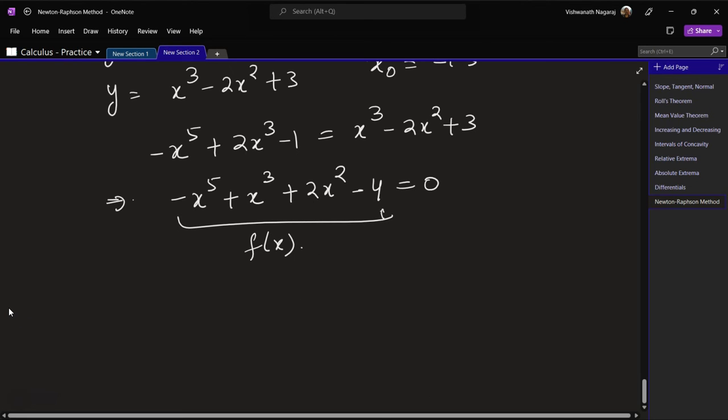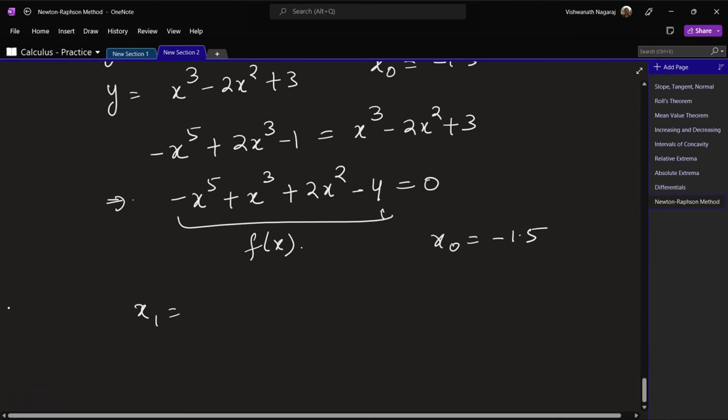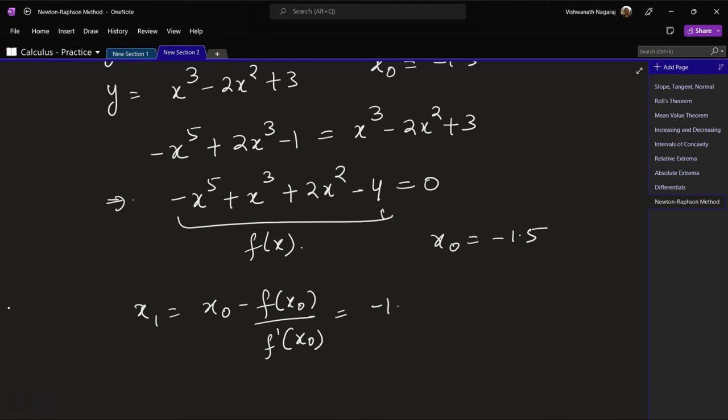Okay, now x naught is minus 1.5, so x1 will be x naught minus f of x naught by f prime of x naught. Evaluated, we get minus 1.30788.